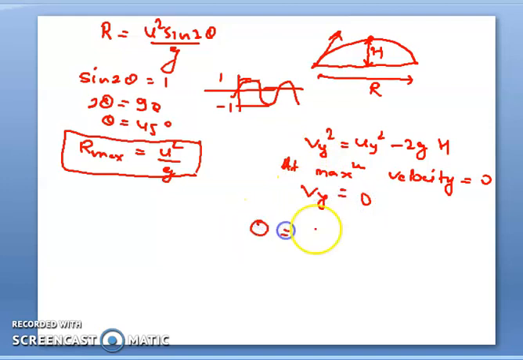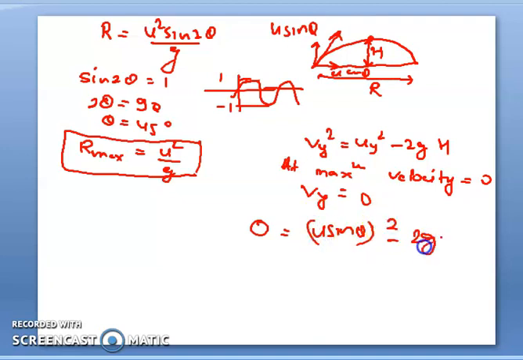So 0 is equal to, and uy we already resolved, u cos theta and u sin theta, so uy is u sin theta, sorry. So write (u sin theta) whole square minus 2gh.